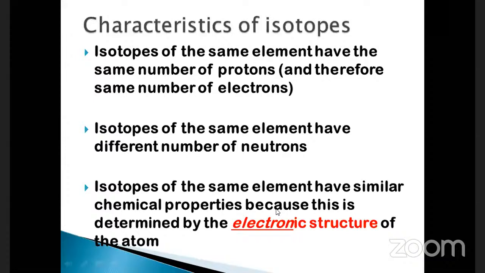For example, they may ask you, we have different isotopes of oxygen and that of carbon. If you have CO2 from different isotopes of oxygen and carbon, will they react the same way? The answer is yes.